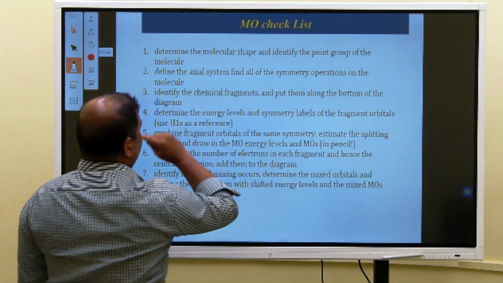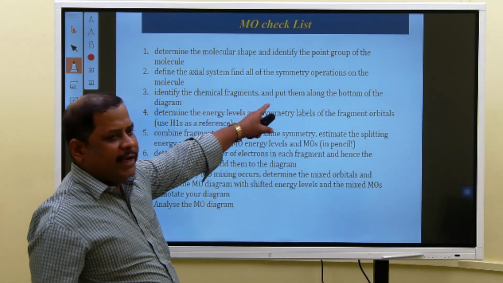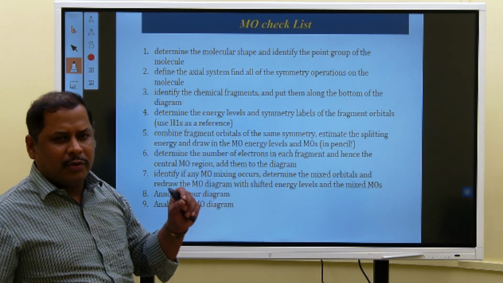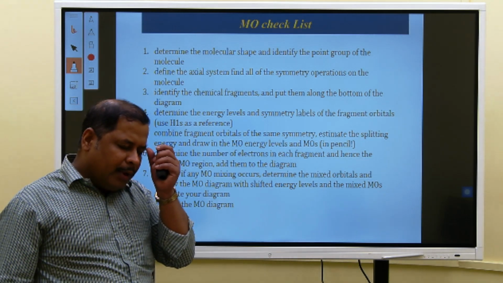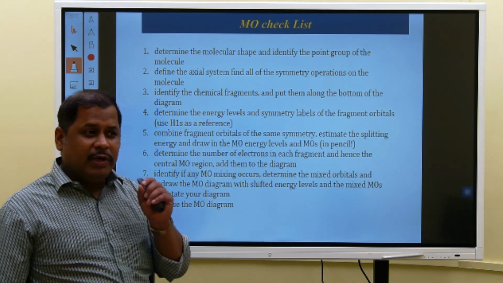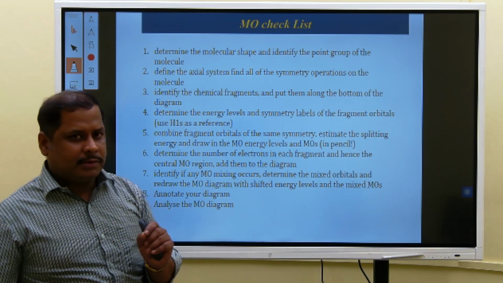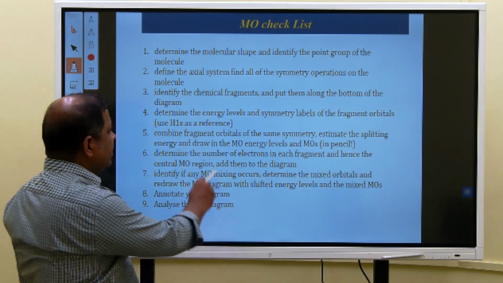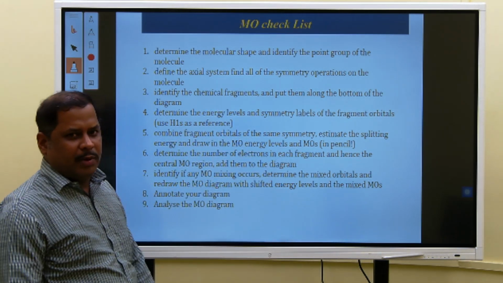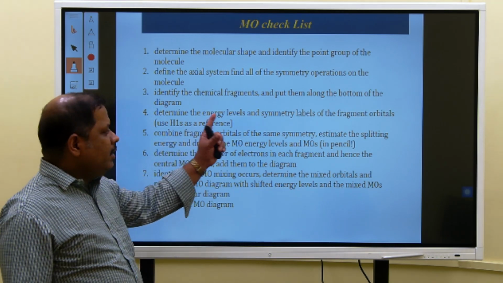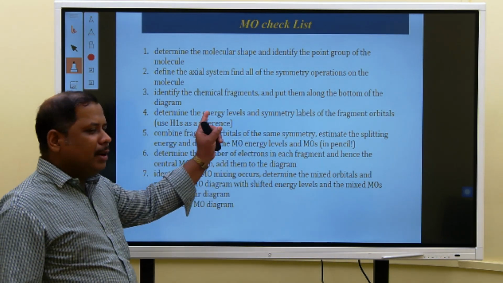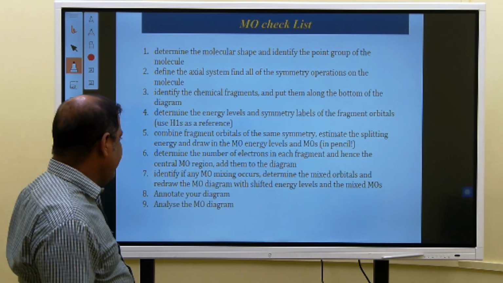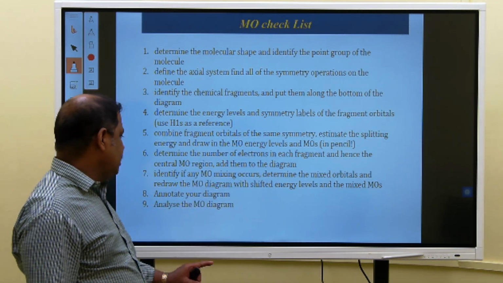Next job: we have to define the axial system. I already told you in group theory, whenever you make any symmetry operations, always focus on the axis. Then identify the chemical fragment. Next, determine the energy level and symmetry of the fragment orbitals. Combine both. Determine the number of electrons in each fragment. Identify the MO mixing.